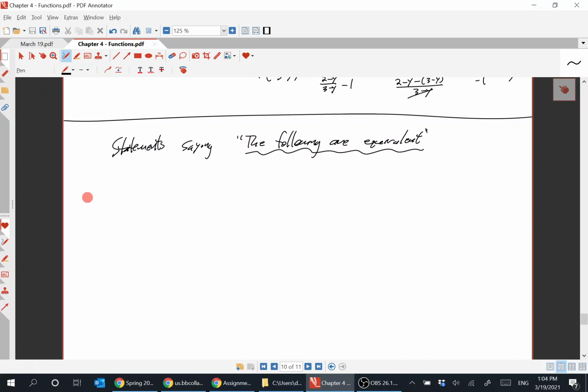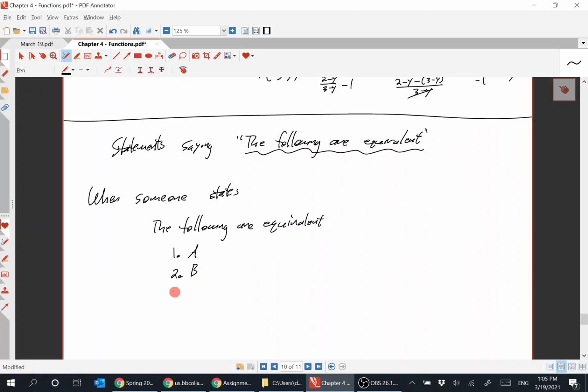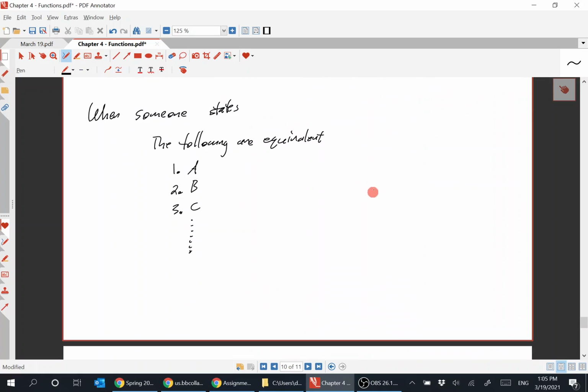So when somebody says the following are equivalent, one, and then here's A. 2, here's B. 3, here's C. 4, so on and so forth.